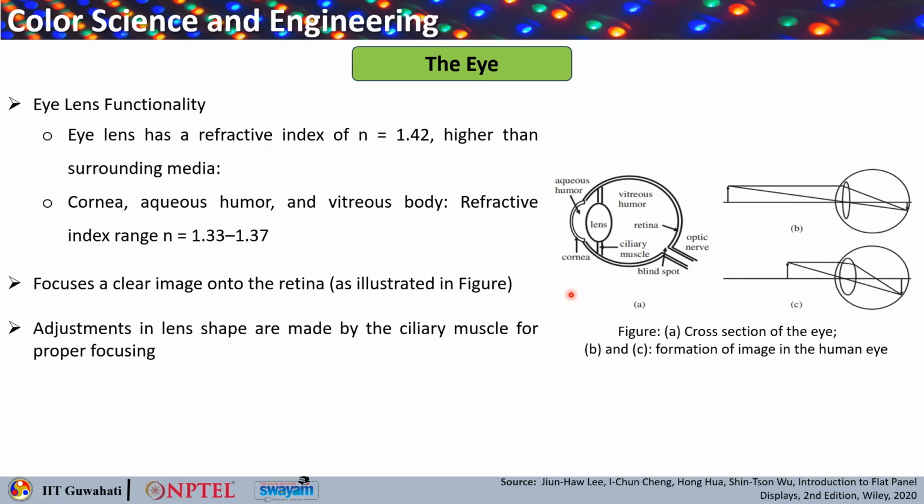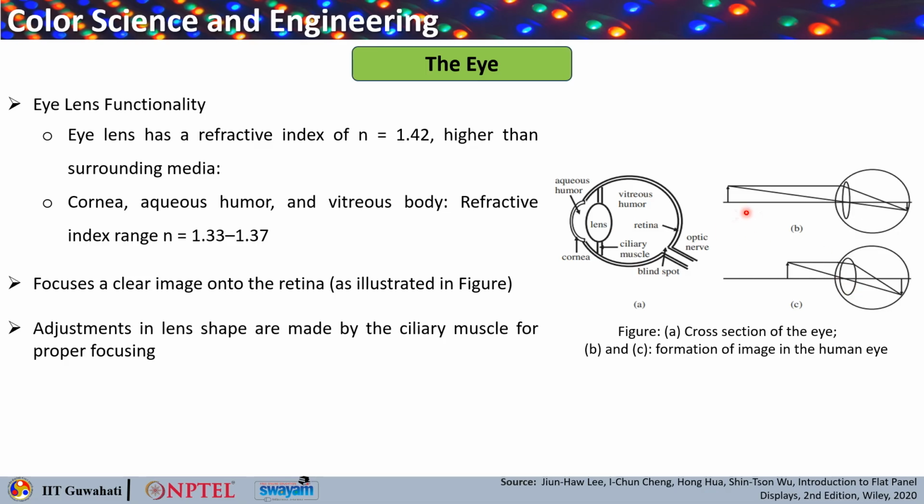The basic purpose of all these fluids and the lens is to make a clear image onto your retina, and the shape of the lens changes when you are looking at a far object or a near object. Here the lens is much flatter, and here the lens is much wider.